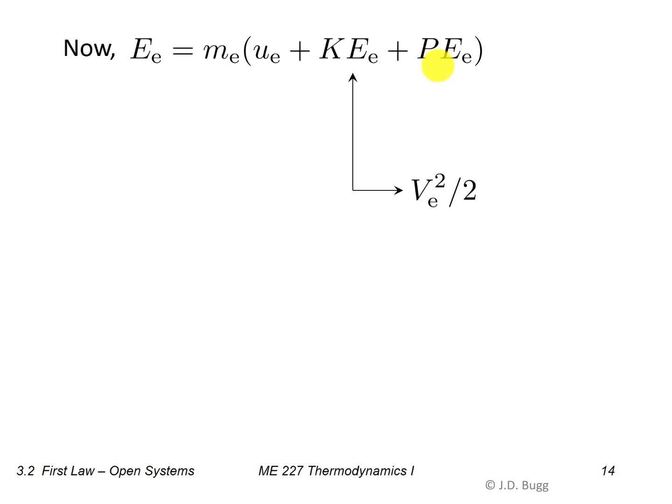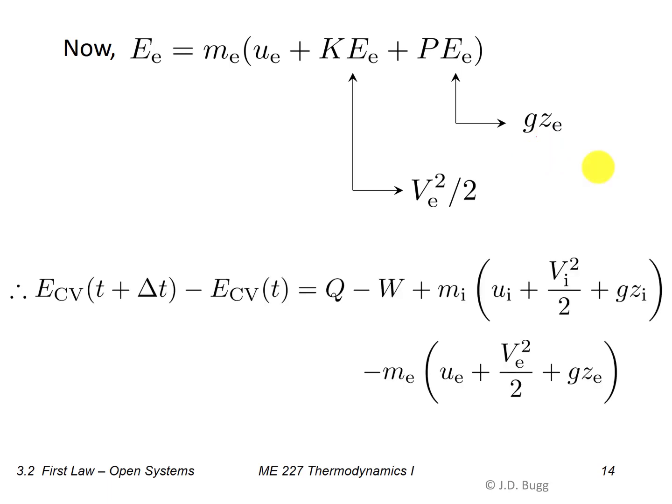Well, the potential energy per unit mass is g, the acceleration due to gravity, times z, where z is the elevation or the height of that particular exit. So here we're assuming that we're using z to measure the distance up from some datum. So what we want to do, now that we've written our total energy as a sum of these three contributions, is bring this back into our first law.